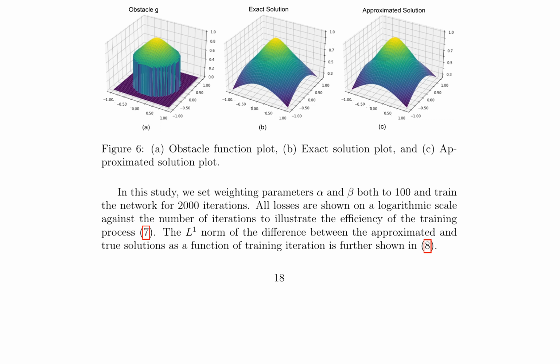In this study, the weighting parameters alpha and beta are set to 100, and the network is trained for 2000 iterations. The losses are plotted on a logarithmic scale against the number of iterations, illustrating the efficiency of the training process. Additionally, the L1 norm of the difference between the approximated and true solutions is shown as a function of training iteration, further highlighting the convergence of the neural network to the exact solution.